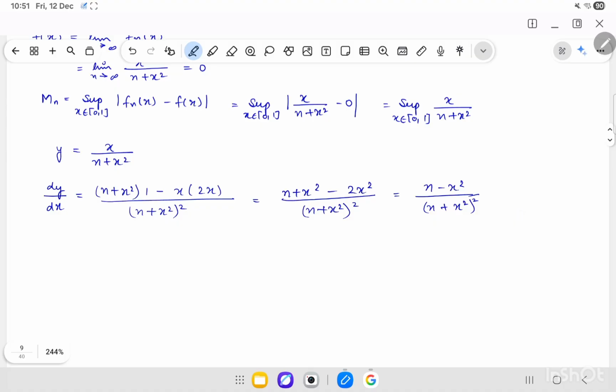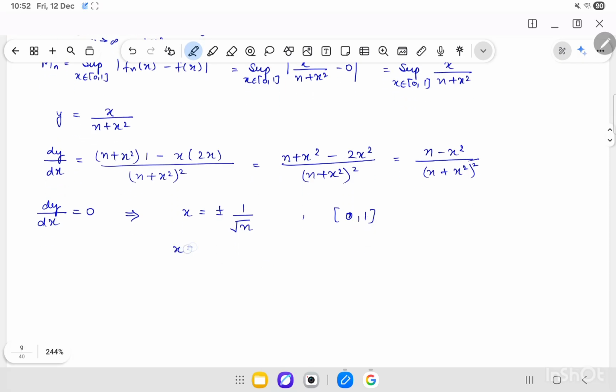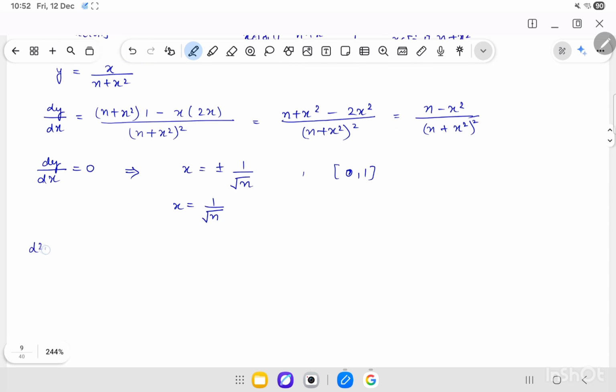So if I calculate the critical points, that is dy by dx equals 0, from here I'll get x as plus minus 1 by square root of n. But since x belongs to the closed interval [0, 1], I can easily discard the negative value. So I'll take my x as only 1 by square root of n. Now let's check the value of d square y by dx square at x equals 1 by square root of n.